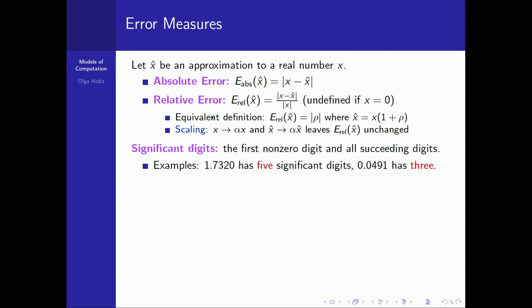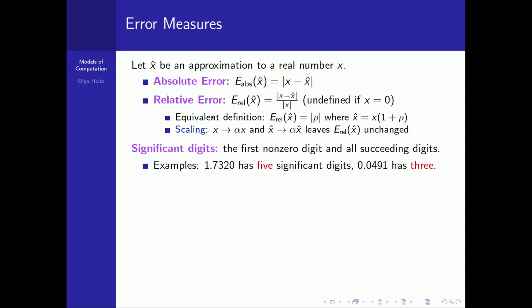Okay, so let's talk a little bit about significant digits, because these are important words in that world. We'll say that these are the first non-zero digit of your number and all succeeding digits.